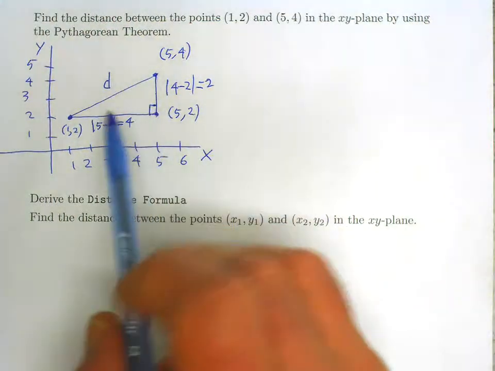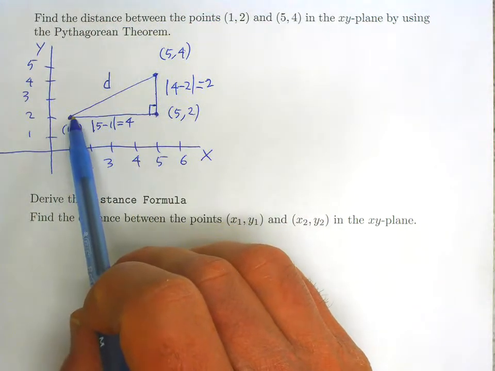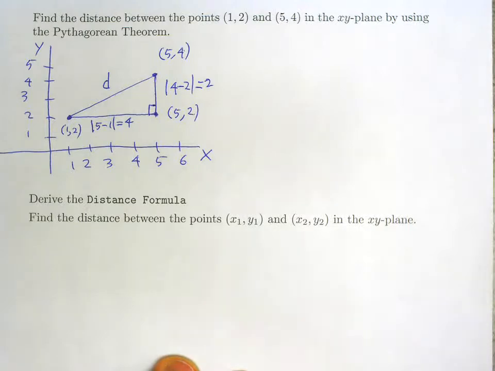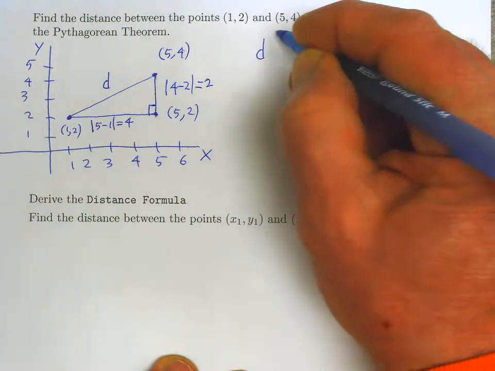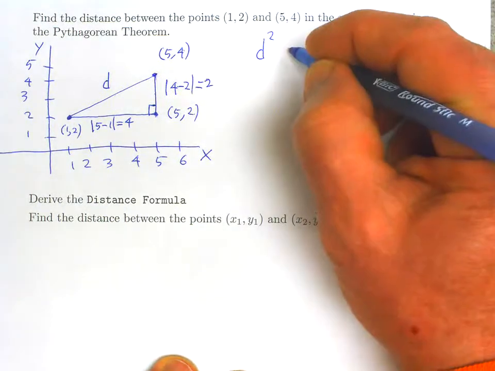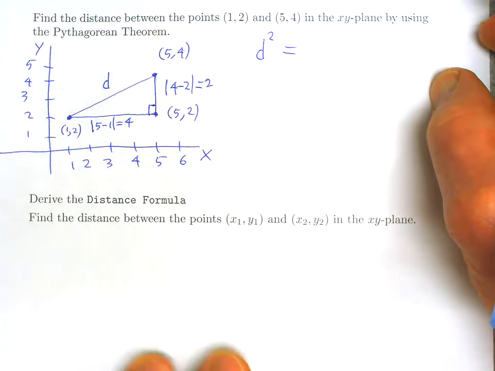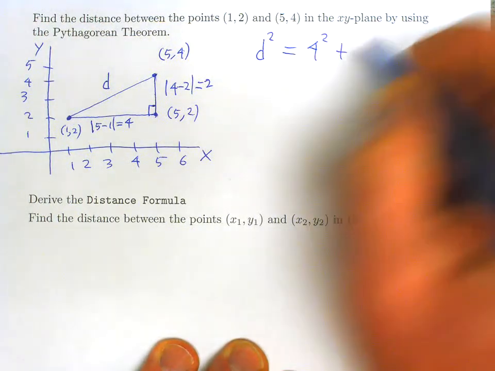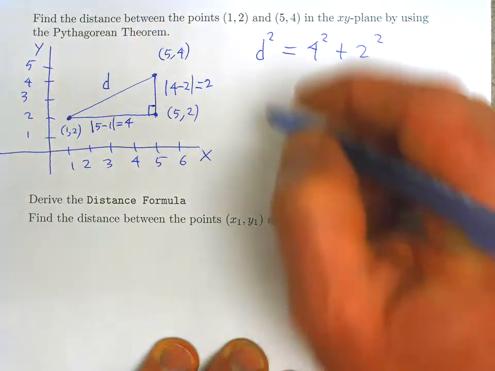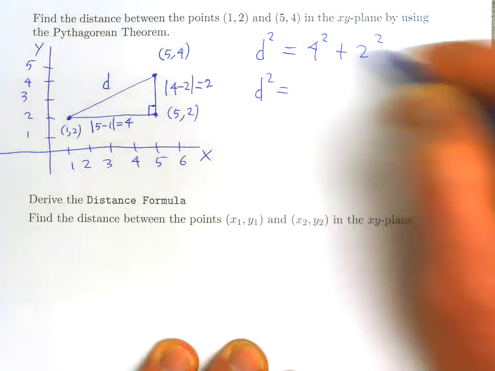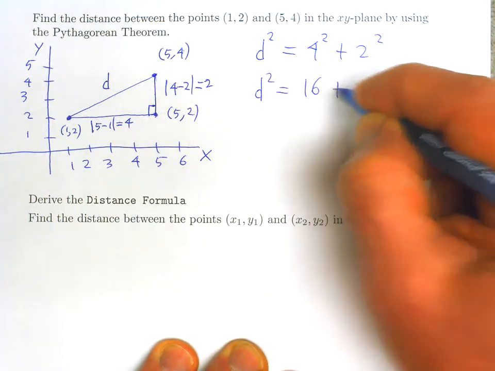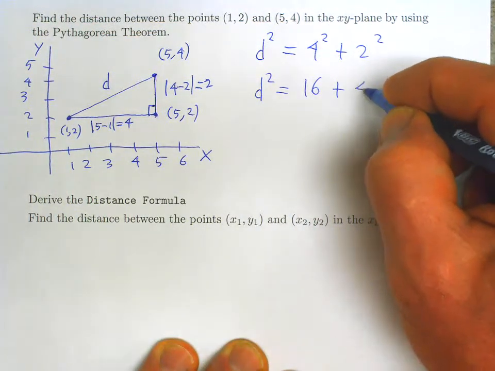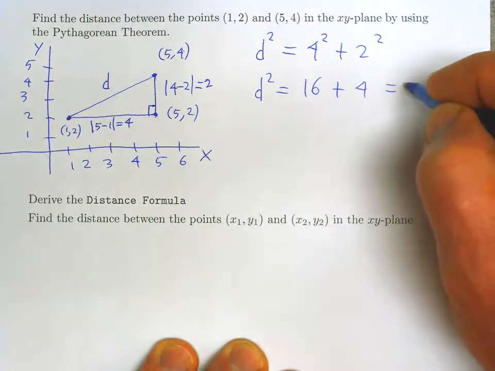Okay, then we apply the Pythagorean theorem to this right triangle. So we square the length of the hypotenuse, d squared, and that's equal to 4 squared plus 2 squared. And then we do the arithmetic. 4 squared is 16, 2 squared is 4, 16 plus 4 is 20.